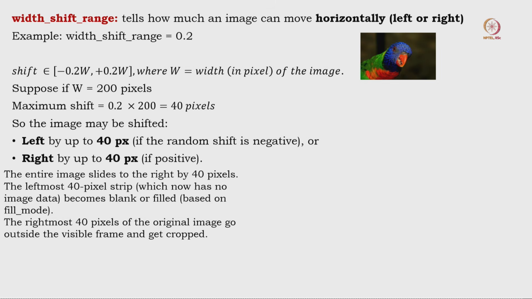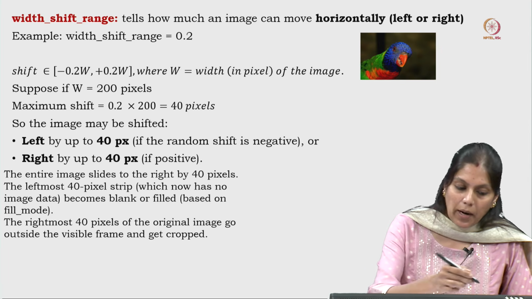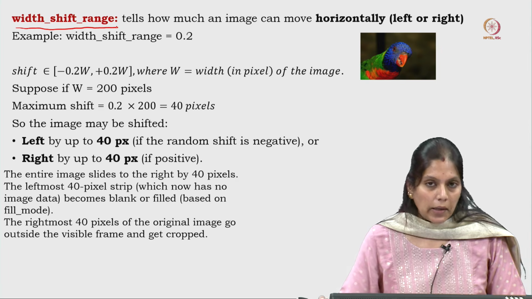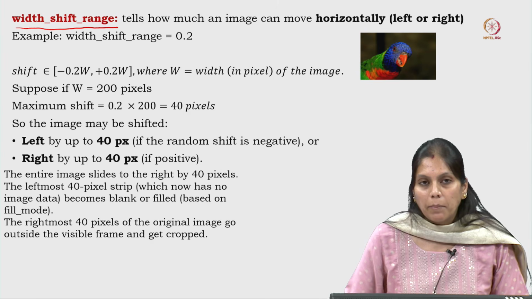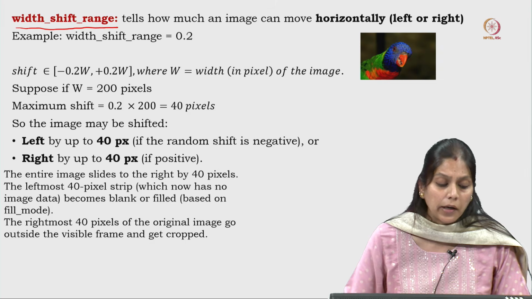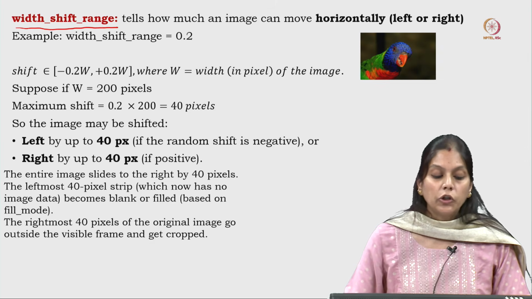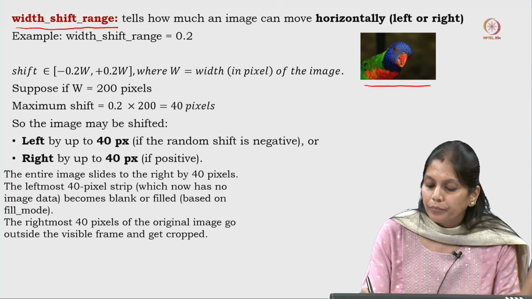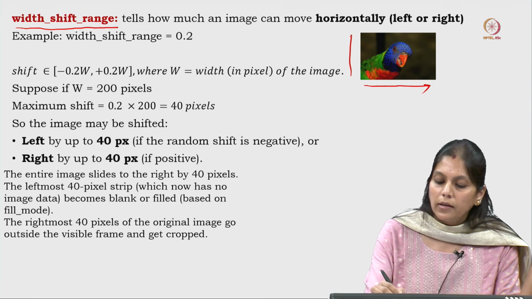Before we go into different sets, the next parameter is width shift range. The next data augmentation parameter that we will be passing to an image data generator is width shift range. What is this width shift range? In an image, this is the width and this is the height.